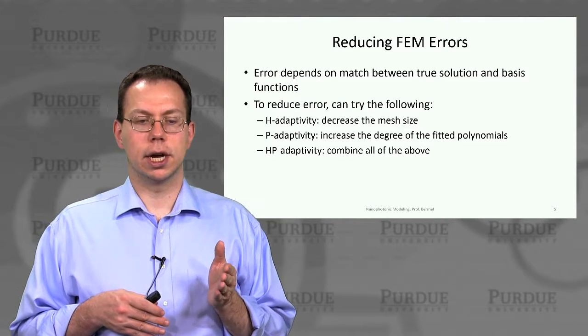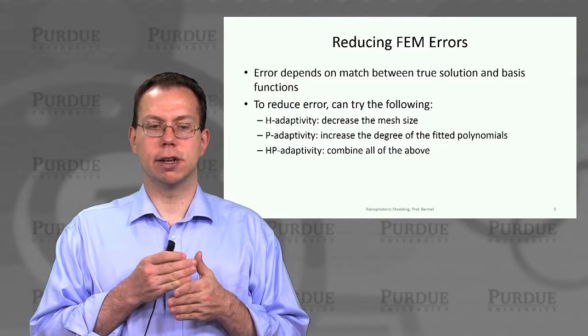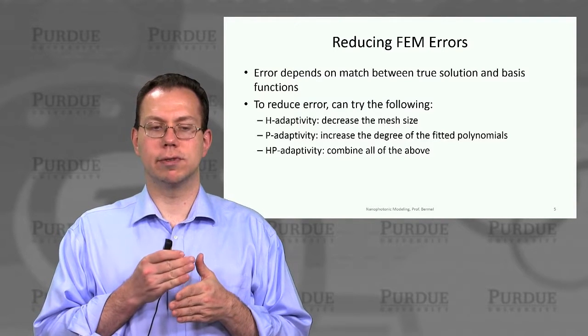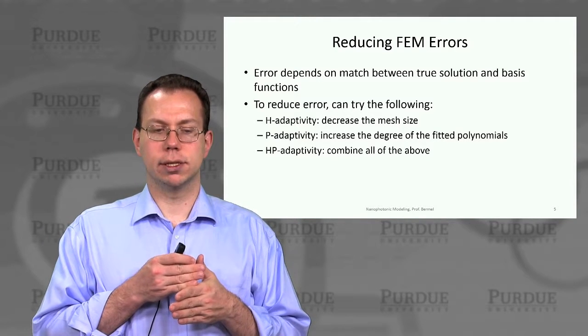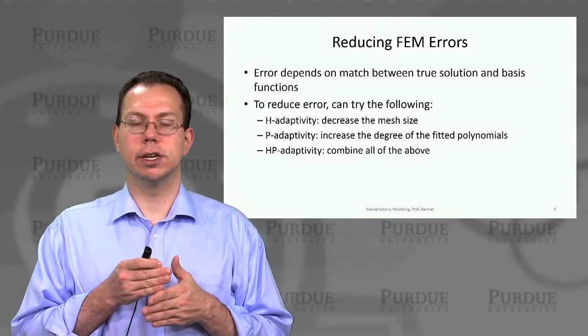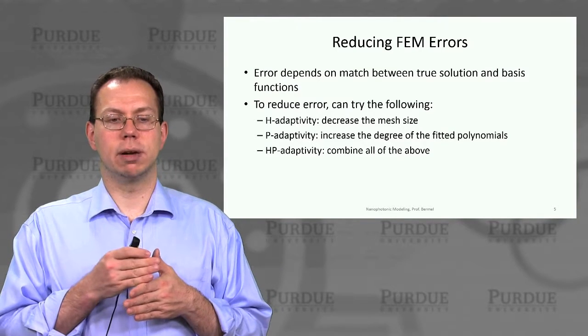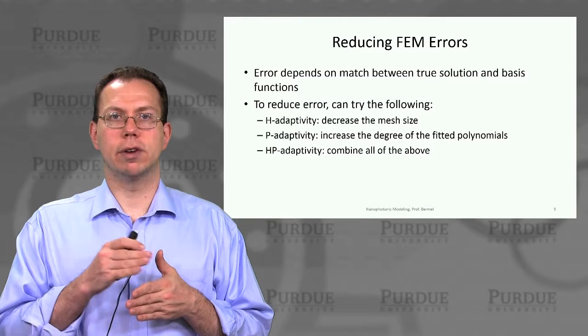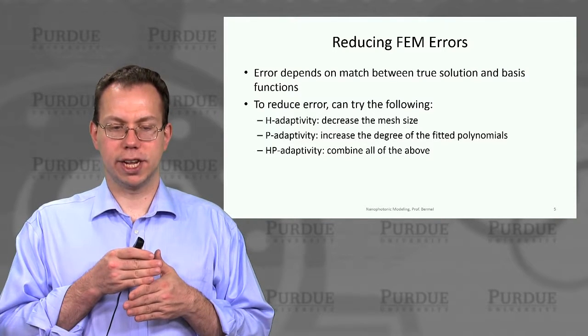It may depend a lot on the basis functions, but if we assume that we have good basis functions, then we have a few options to improve the performance. One would be to decrease the mesh size, which we showed in the last lecture is oftentimes a very viable option and can systematically reduce the errors basically to zero. That's called H-adaptivity.